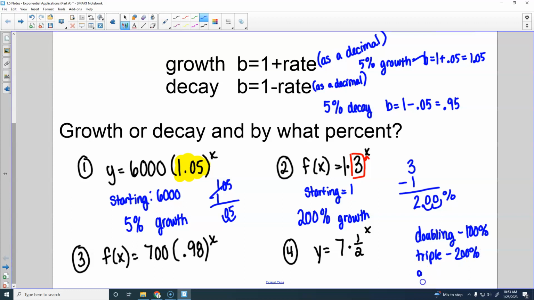If you are quadrupling something, that's 300% growth. That sometimes doesn't seem right to me. Sometimes it seems like doubling should be like 50 or 200, or 100 doesn't seem right. But 100 is correct, because you got 100% of what you already had and then 100% more, which doubles it there.